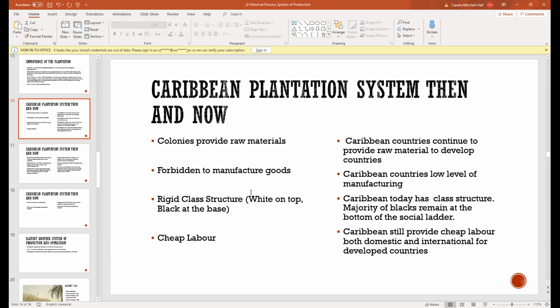Manufacturing goods was a no-no. However, in today's society, while we don't have any restriction when it comes to manufacturing goods, Caribbean countries are manufacturing way less goods than they should be, right?